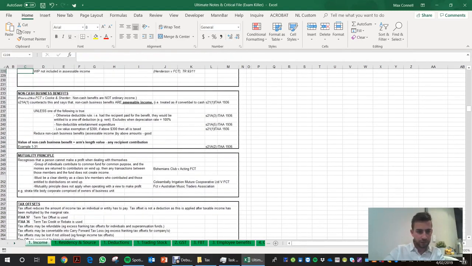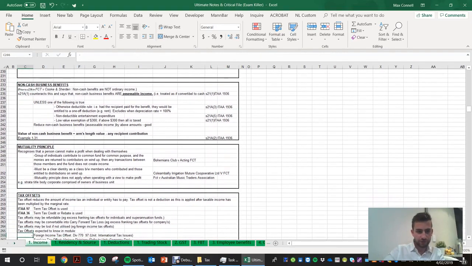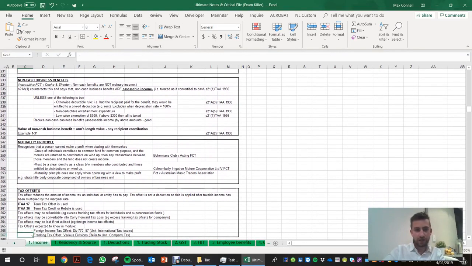Okay, so the next section is the mutuality principle. This is the concept that a person cannot make a profit when dealing with themselves. What this means is there are certain institutions and legal entities, which are not a separate legal entity, but a group of individuals represented together.